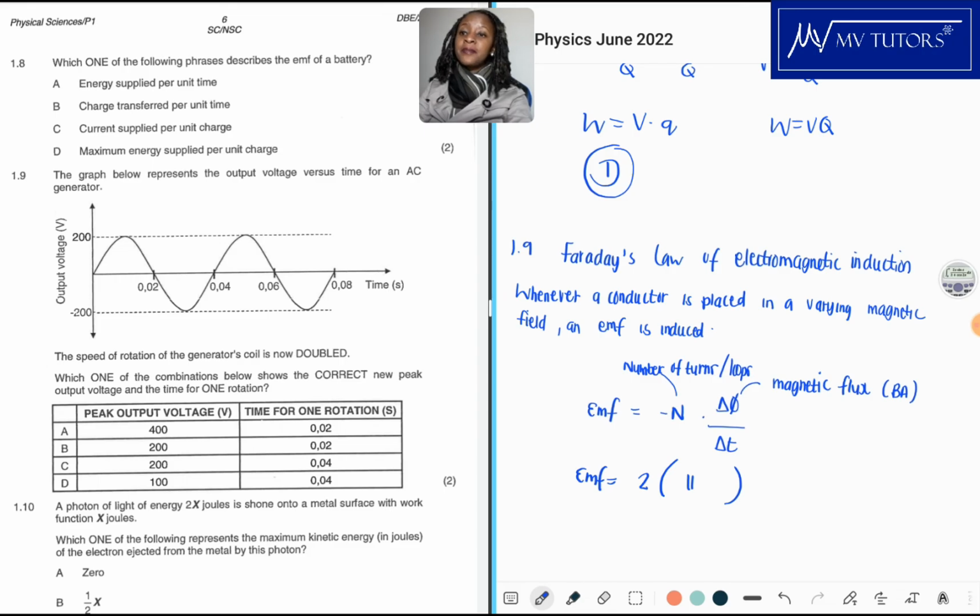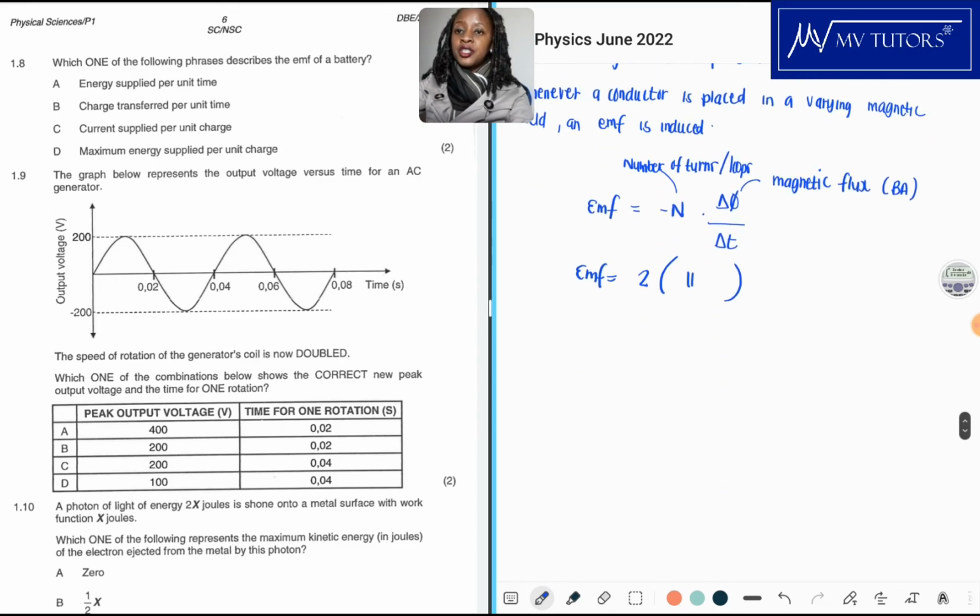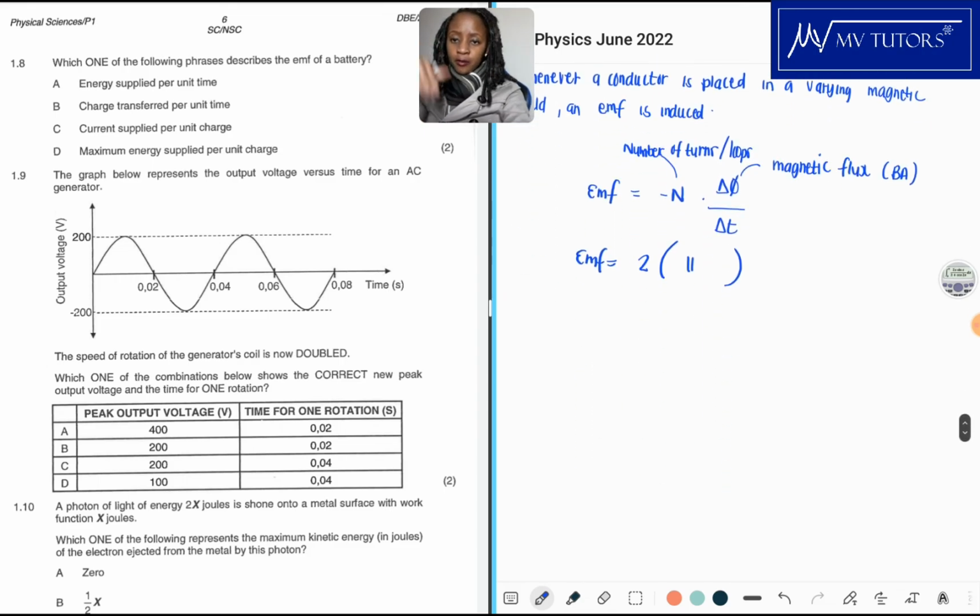Currently, the time for one rotation, which is the one full wavelength, is going to be 0.04 seconds. I hope you can see that. I can't edit this PDF at the moment, but this is one wavelength, one period, if you're used to the terminology from the sine graph.